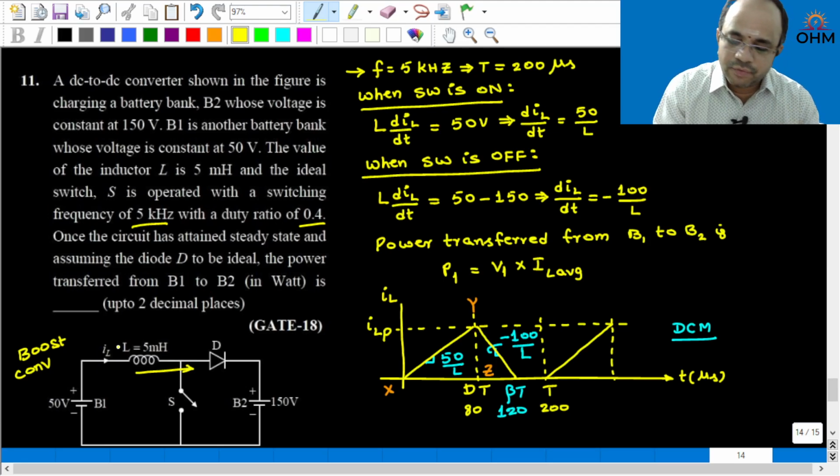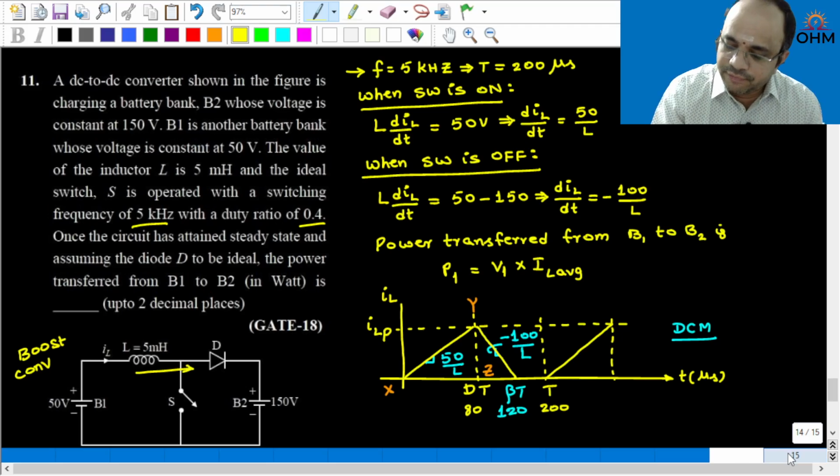For that, we plotted an inductor current waveform. How to find the average value? Area under the waveform divided by cycle time. To find area, you need height and base. Beta t is calculated from this discontinuous conduction mode V0 equation. The height of the triangle is calculated simply by applying the slope equation.